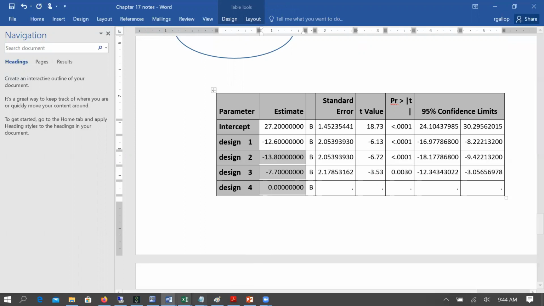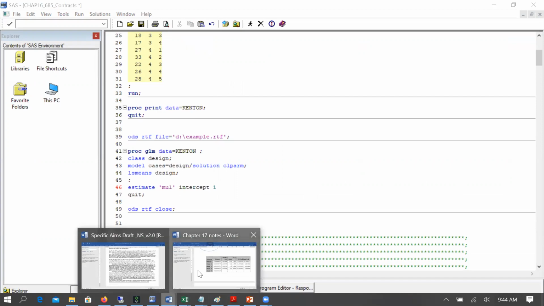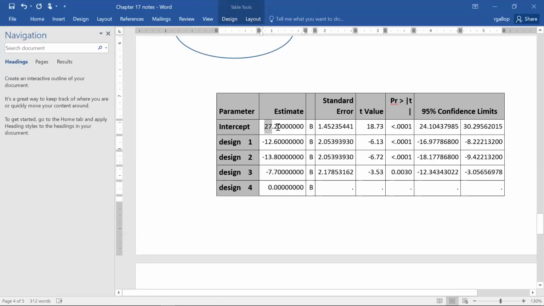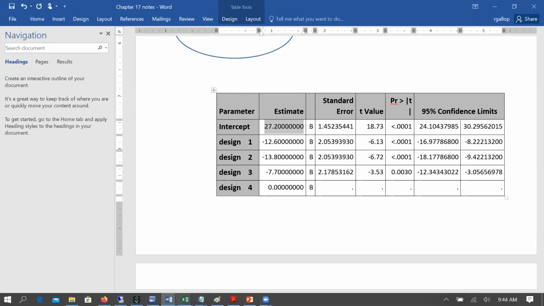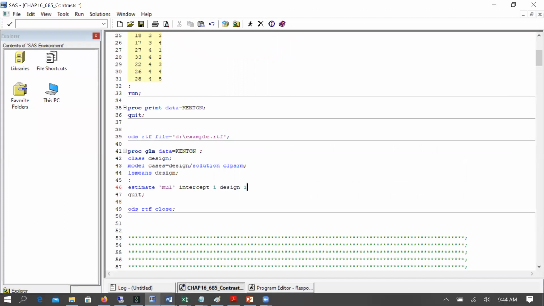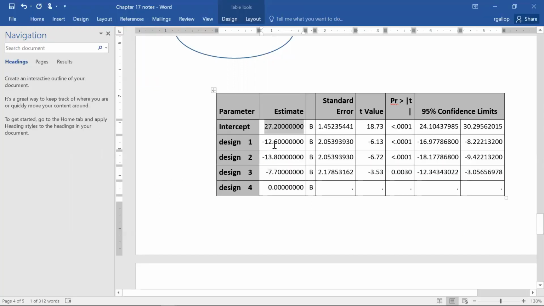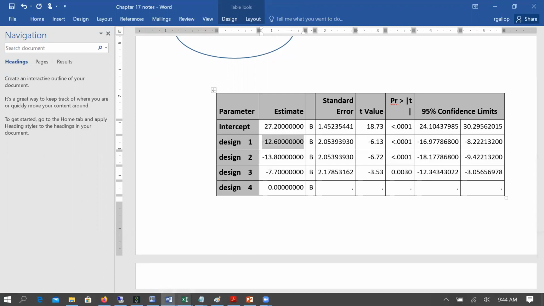So in the estimate statement, when I'm in SAS and I go this way, intercept 1. SAS goes, okay, that's 1 times the regression coefficient for intercept. Then I go here, go back to SAS. I go design 1. SAS realizes design has 4 coefficients. So 1 times this is what that first command says.